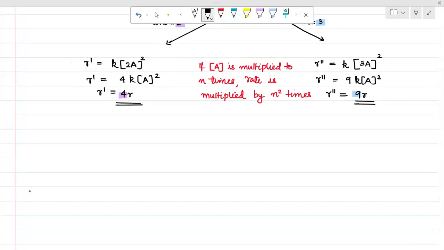Question number 7 of chemical kinetics. Question number 7. Very good question. Note it down.